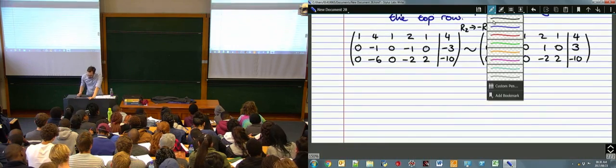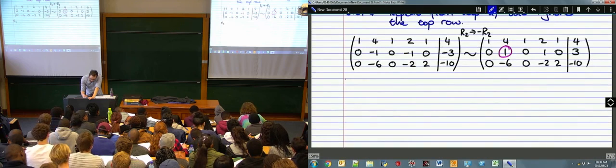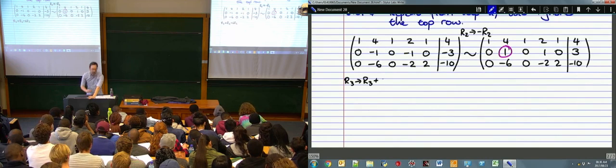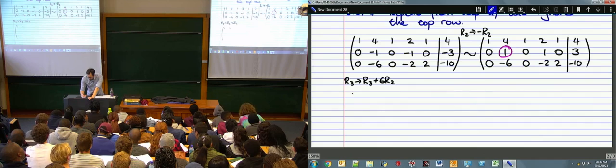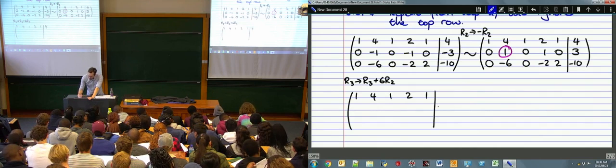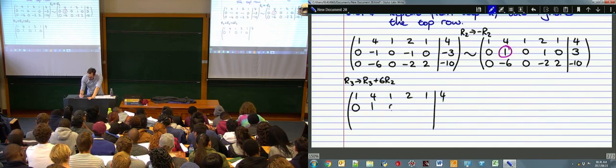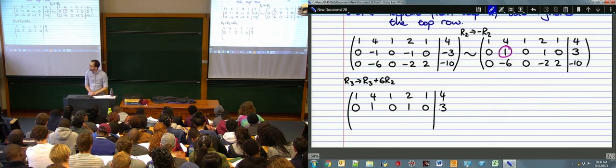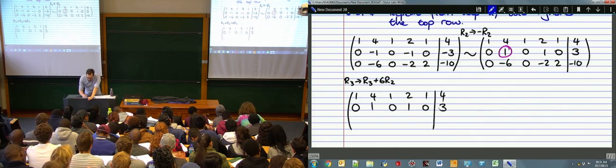So we're going to say row 3 is going to be row 3 plus 6 times row 2. So the top row, 1, 4, 1, 2, 1, 4. Doesn't change. Second row, 0, 1, 0, 1, 0, 3. Doesn't change either. Third row, okay, here's the third row. This is going to change.